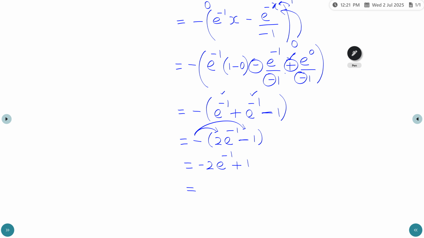The final answer is 1 minus 2 e power minus 1 for the probability of x plus y less than 1. So the problem is completed.